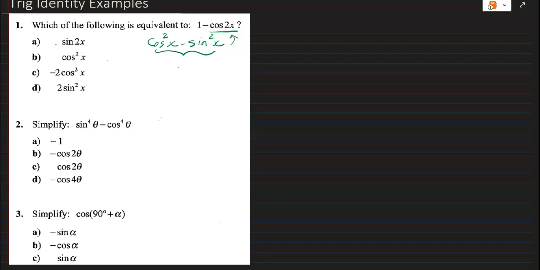We're going to put that into the expression 1 minus cos of 2x, and then solve. 1 minus cos of 2x becomes 1 minus, open bracket, cos²x minus sin²x. Now here is the trick to this one.